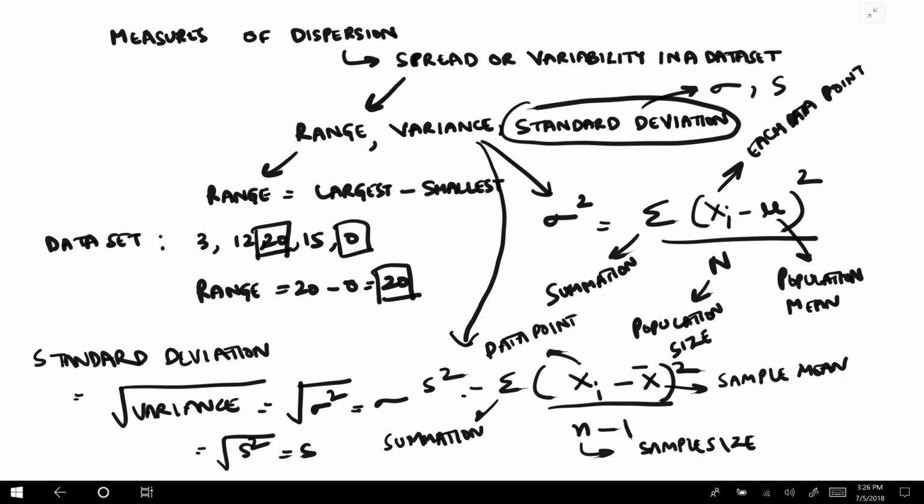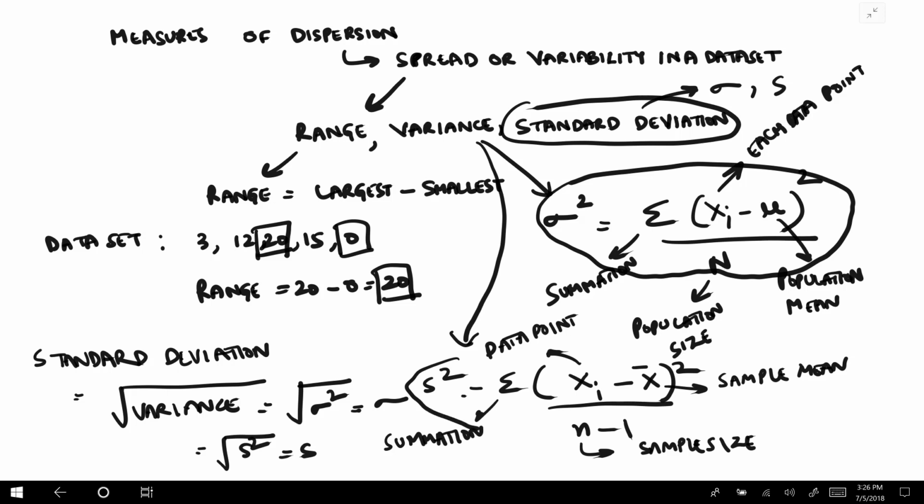So we will use a data set to understand what each of these formulas exactly mean.